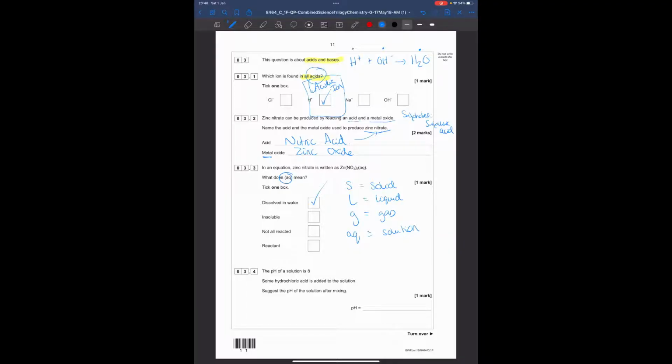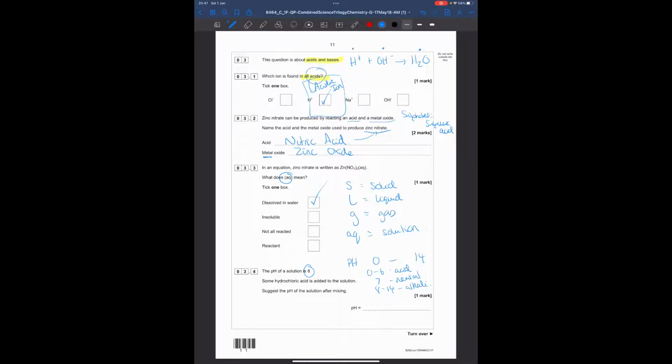Question 3.4, the pH of a solution is 8. Some hydrochloric acid is added to the solution. Suggest the pH of the solution after mixing. So we should know that the pH scale goes from 0 to 14. pH 0 to 6 is an acid, pH 7 is neutral, and pH 8 to 14 is an alkali.